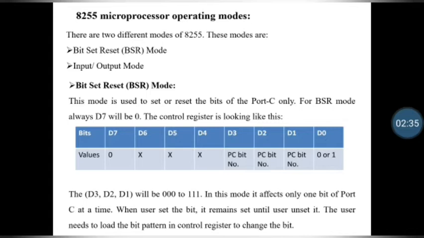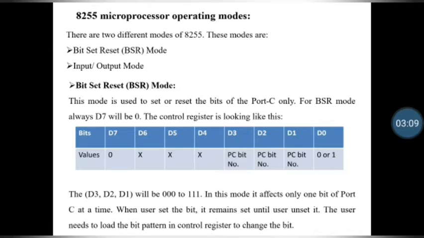Now see, there are 8 bits, but the bits D6, D5 and D4 are don't care. They are always set to 0, or we can say they are don't care. Now the bits D3, D2 and D1 are the port C bit number.